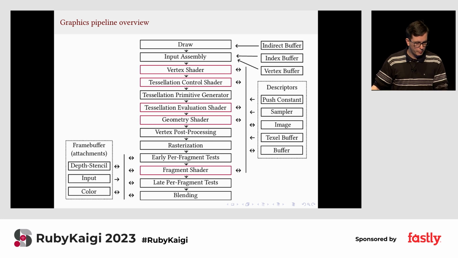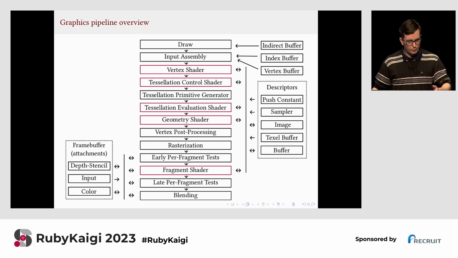So here is the structure of a graphic pipeline. As I said, there are the inputs: the indirect buffer, the index buffer, and the vertex buffer that I explained. There are the descriptors, which are optional data that you attach to the graphic pipeline. And here in the center, we have all the stages of the graphic pipeline.